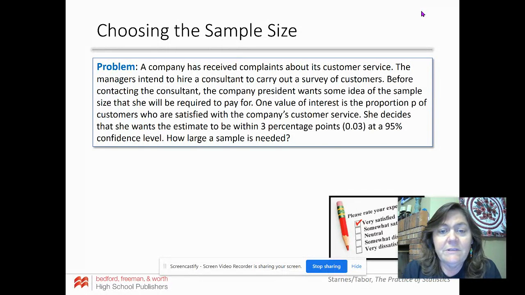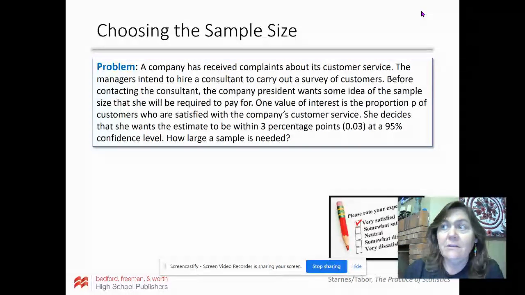She decides she wants the estimate to be within 3 percentage points, which is 0.03, of the truth at a 95% confidence level. So how large of a sample will she need to get? Remember, she's going to want it large enough to get good results, but also know where she can stop so she can save money.